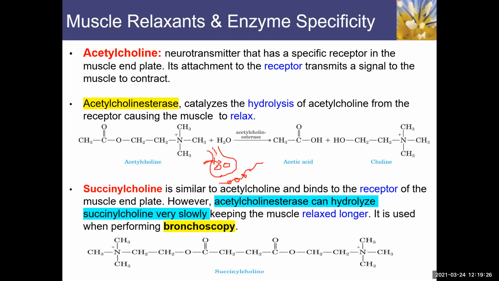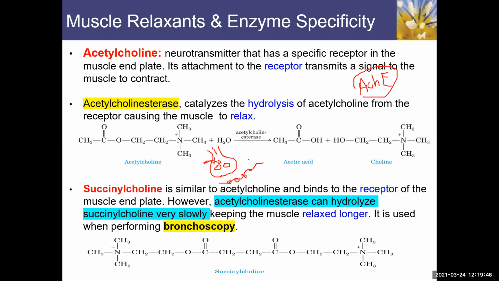If you remember, acetylcholine esterase. We used to write it like this: ACHE. I told you that this enzyme is always present in the synaptic cleft.